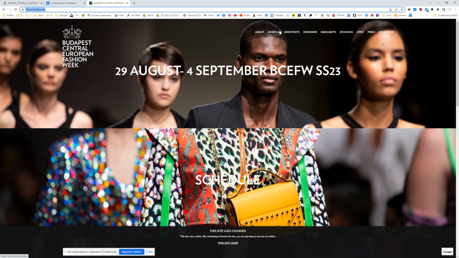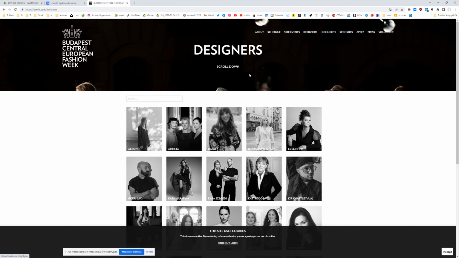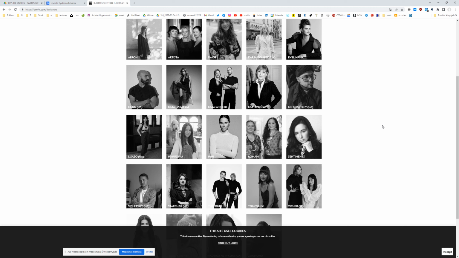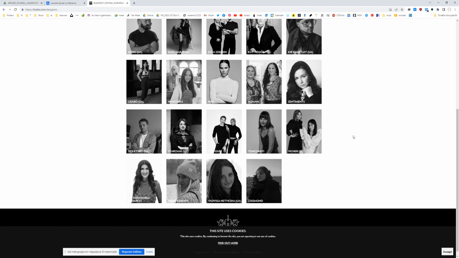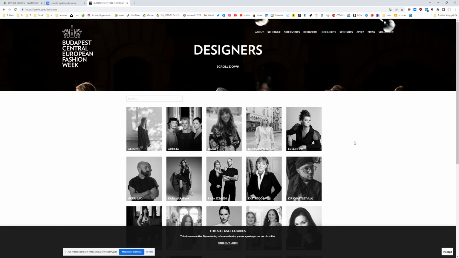Go to the site. You take a look around, and you see the designers, who they are, what they are doing, and you start to think how you could design a pavilion which can receive this kind of program, this kind of design.